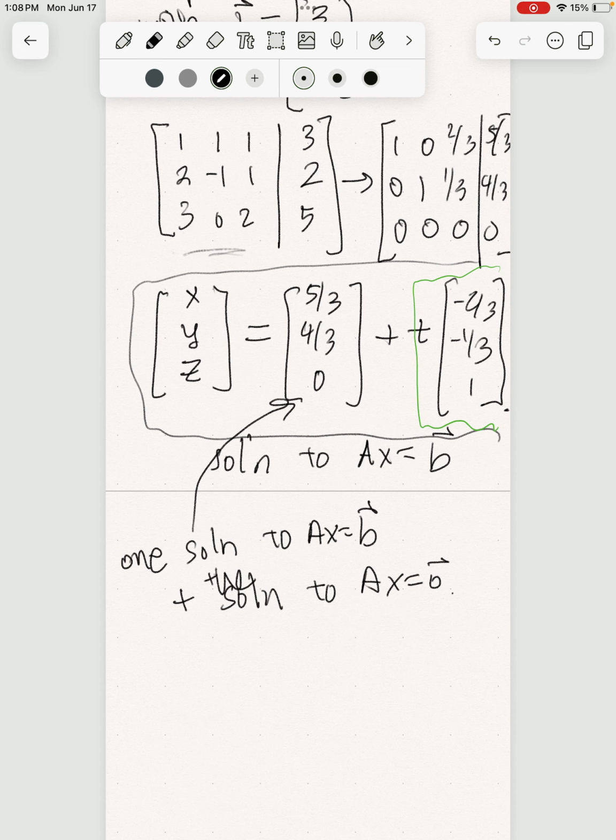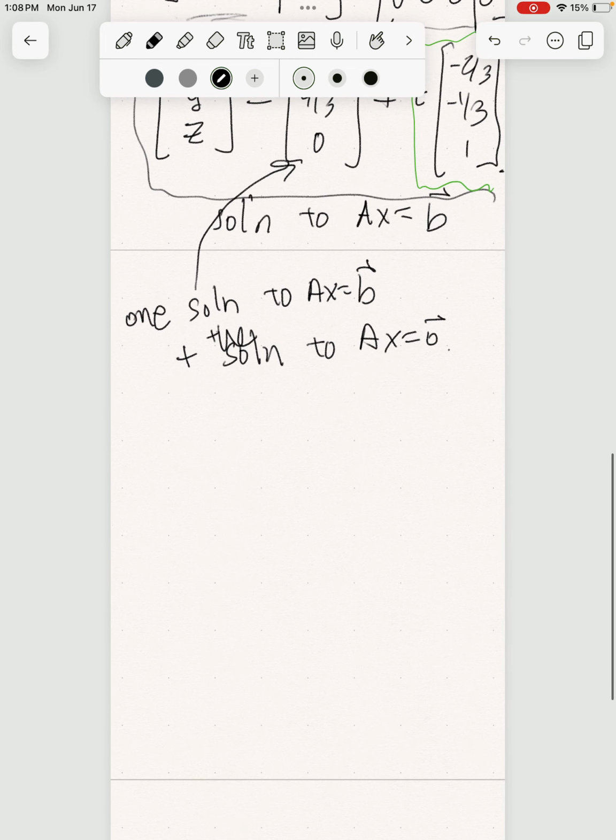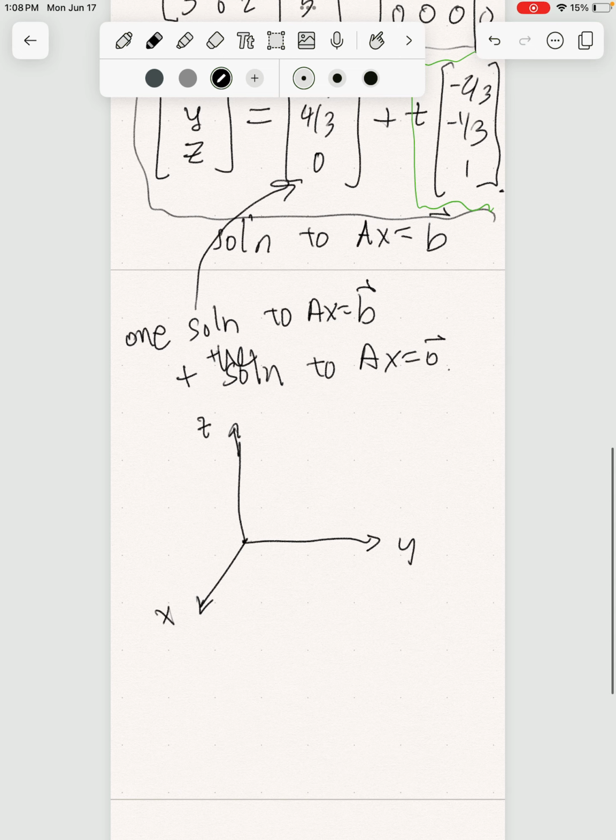So let's draw a picture of the homogeneous solution and the non-homogeneous solution. So the homogeneous solution, here's the x-axis, positive y-axis, positive z-axis. The homogeneous solution is all multiples of the vector negative 2/3, negative 1/3, 1.